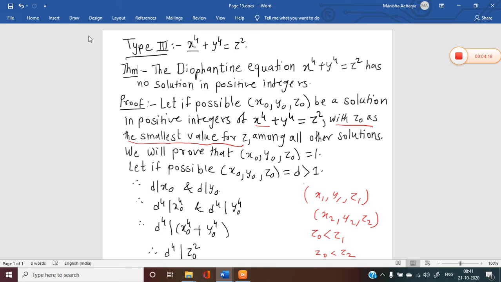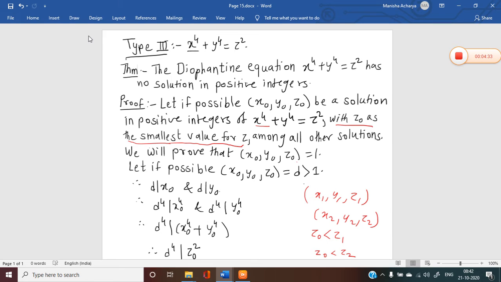So z0 is the smallest value among all other solutions. Firstly we will show that with this condition, x0, y0, z0 must be relatively prime.